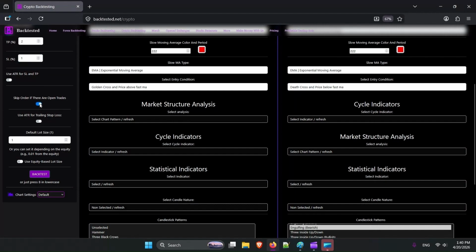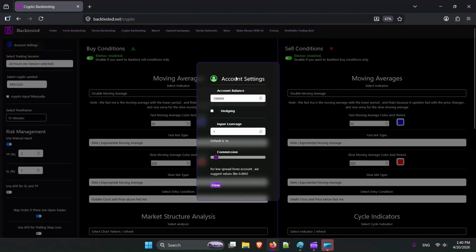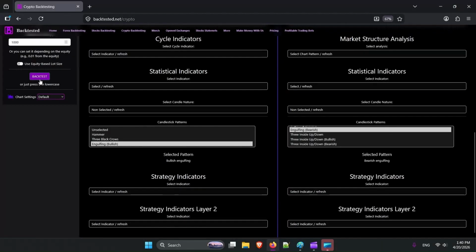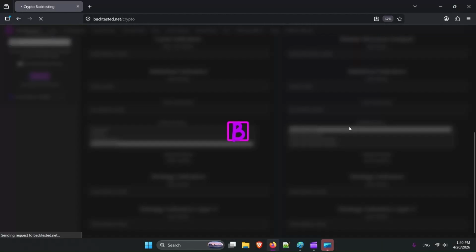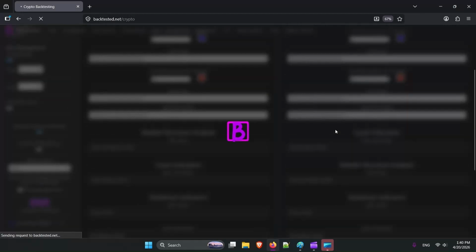Toggle this, and then we will select the default lot size to be 1000, because the XRP is pretty cheap and we have the funds, so we can cover all the trades. Then you press backtest and wait for a few seconds.